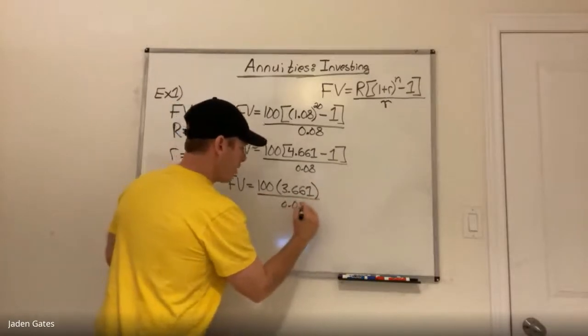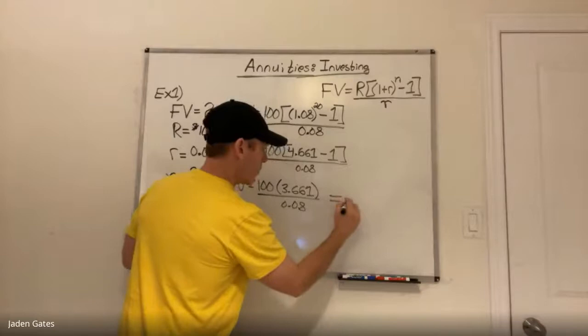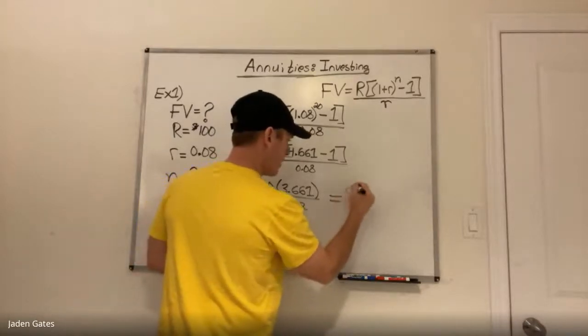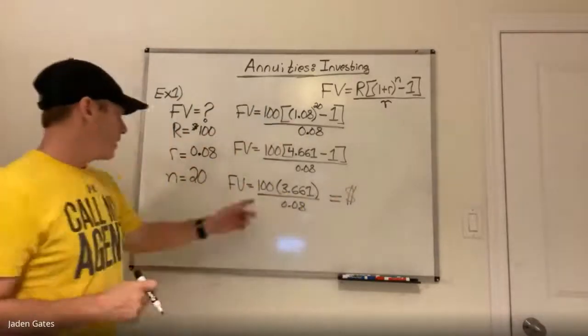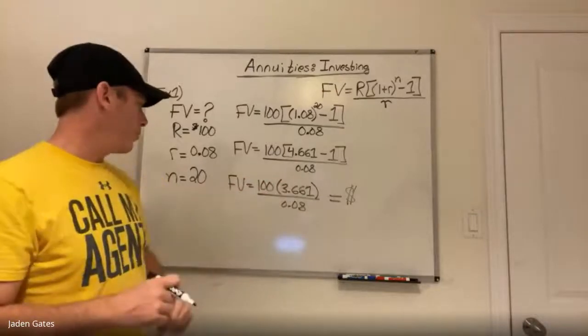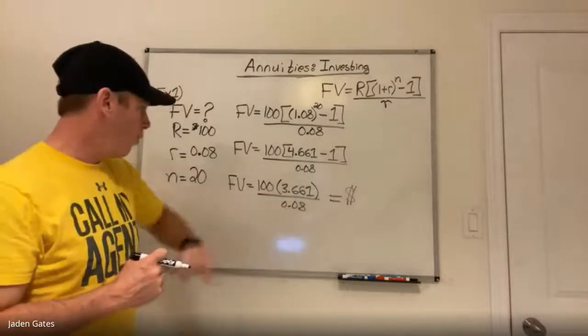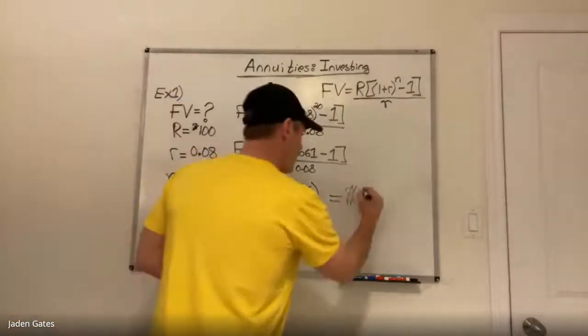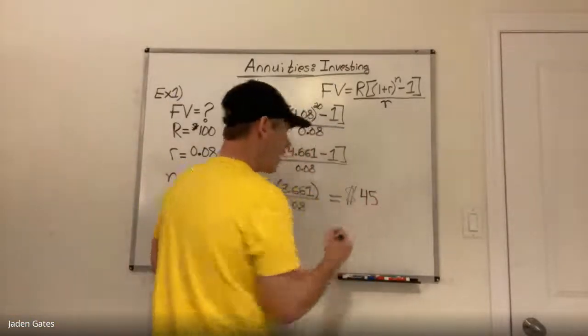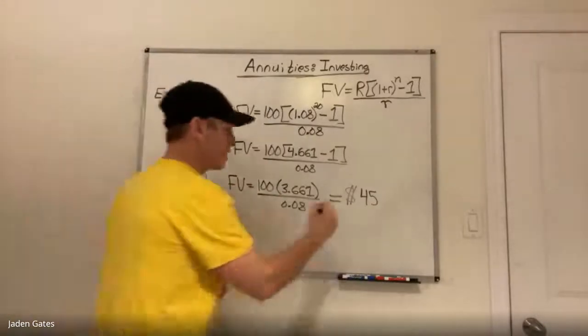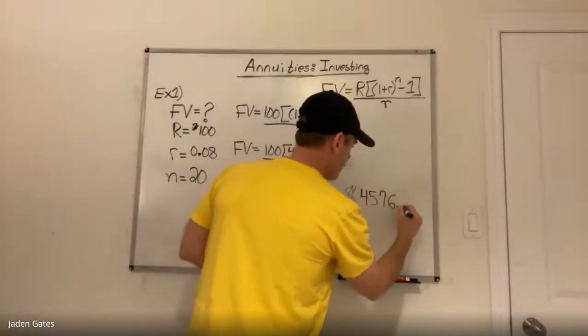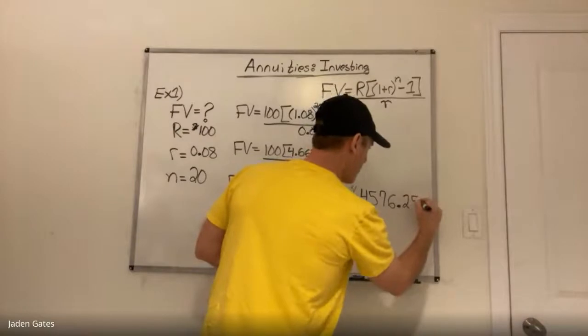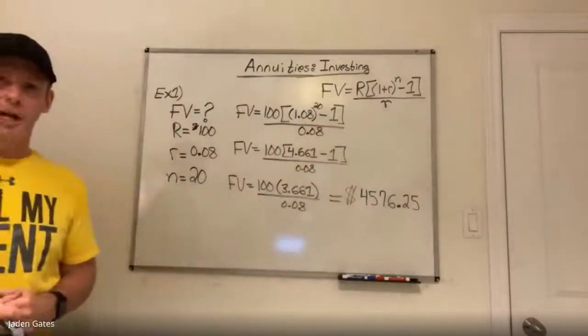All right, and then this, of course, can just be easily calculated. Multiply 100 times 3.661 divided by 0.08, and I get $4,576. And don't forget, because we're in math here, we don't want to miss out on that 25 cents.